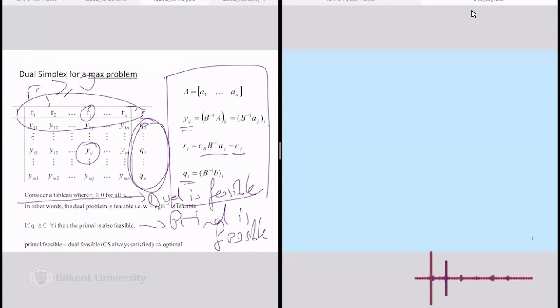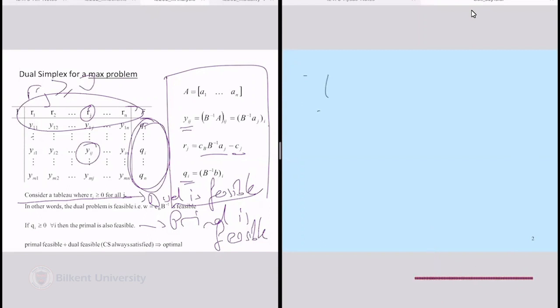There is a problem, my screen is not working. Oh, there it is. Maybe it works in here. Anyway, I'll go from here then.